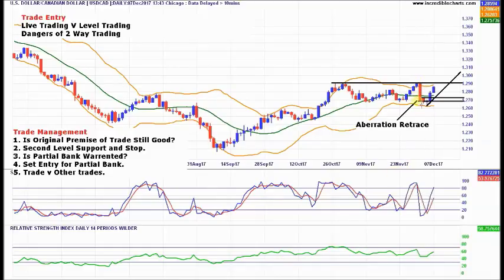But this big red candle was just an overreaction to the Bank of Canada. People were getting keen that the Bank of Canada might talk about interest rates going up. We said they wouldn't, and the Bank of Canada confirmed that. So this candle for me should be totally retraced. Then we've got to see if we get the breakout. So if we do the 50-50 bank, we'll just drop it back in above the 129 level.